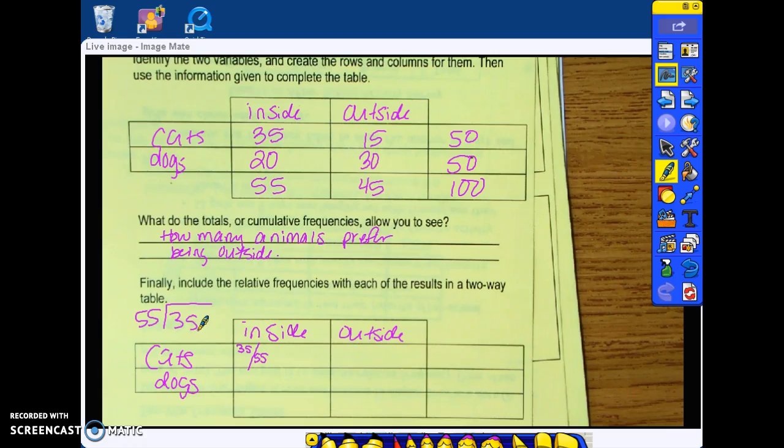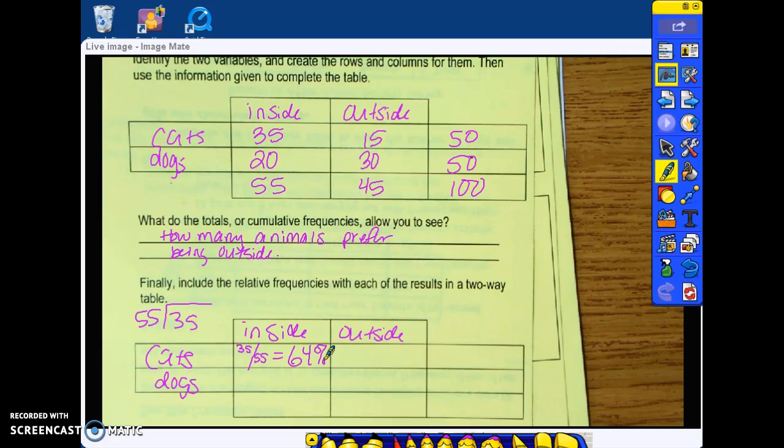When you do that, you have to go 3 places, and then round to the second place, your hundredths place. You'll get 636 thousandths, which rounds up to 64 hundredths. And whenever we turn a decimal into a percentage, we just move the decimal to the right 2 places, and that gives us 64%.